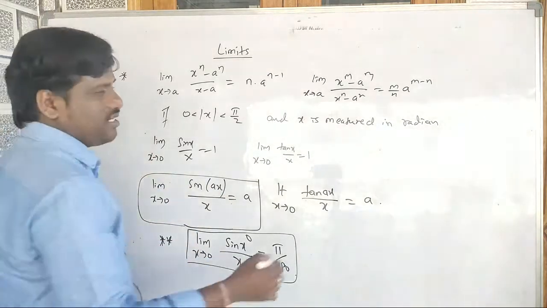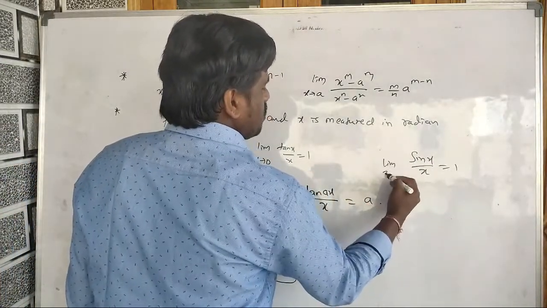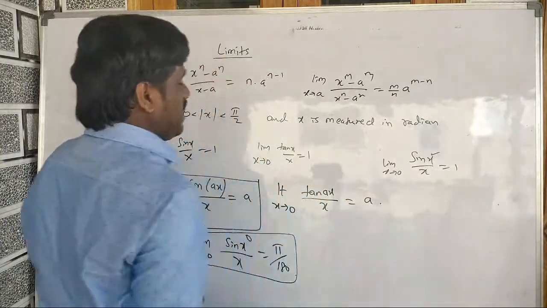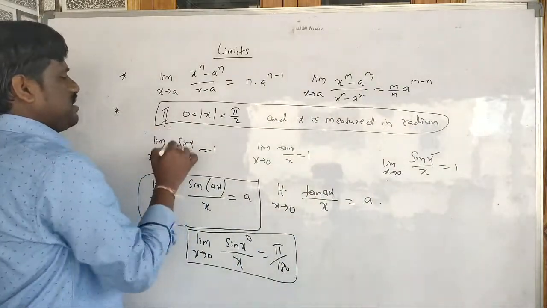Are you understanding? See here, sine x by x is 1, limit x tending to 0, where x is measured in radians.